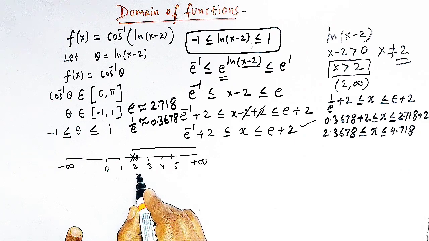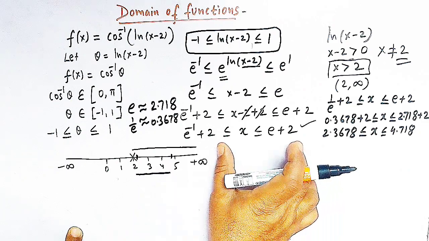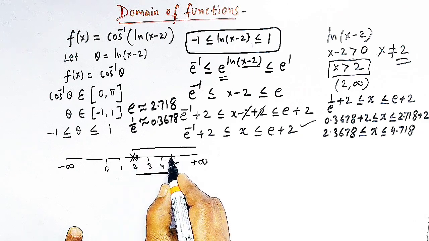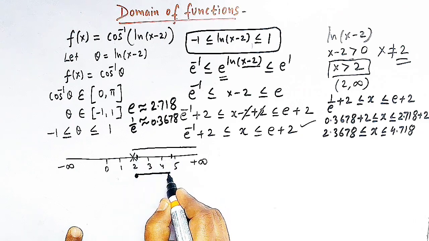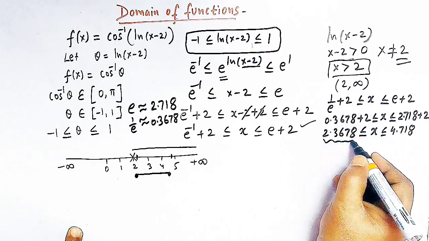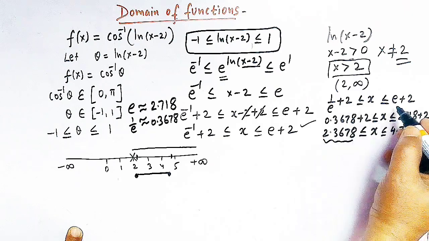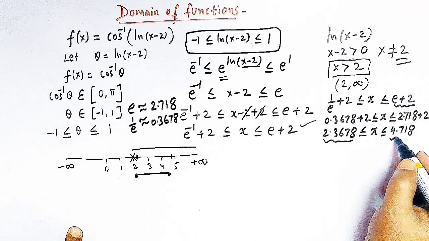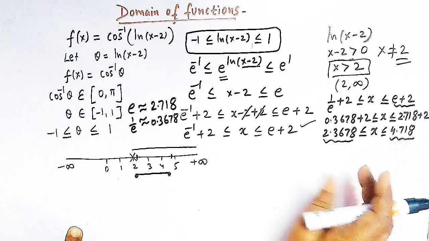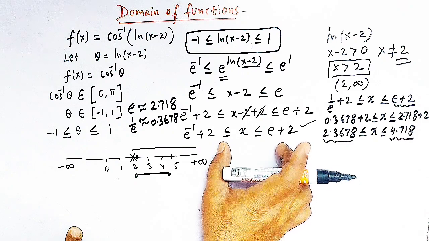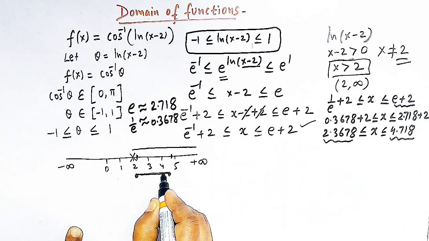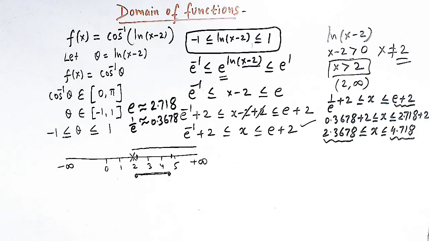So this inequality can be represented like this, including both these points, right? So 1 over e plus 2 is approximately equal to 2.3678, and e plus 2 is approximately equal to 4.718. So the representation of this inequality on the real number line is given by this line.